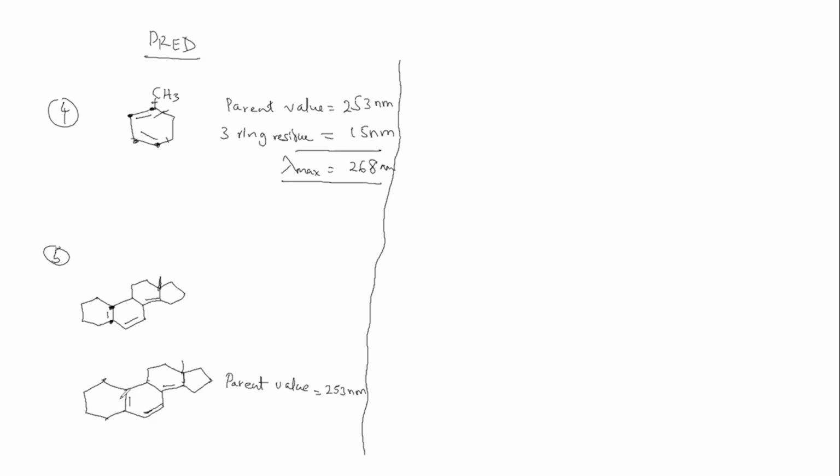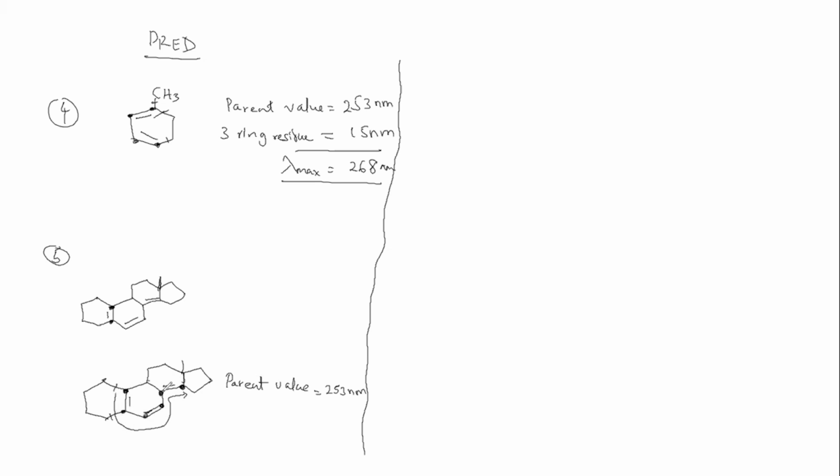So when you look at this place, it's going like this. Moving from here, these are the parent diene, moving like this. Then when you look at this double bond, it's also conjugated with this. So we are going to extend it to pick our ring residue. This one is joined to this double bond.